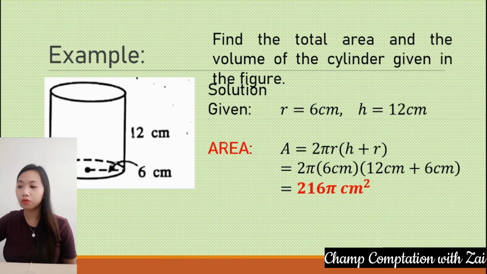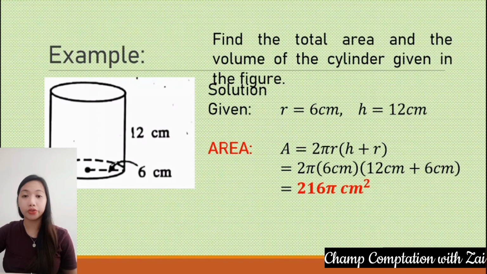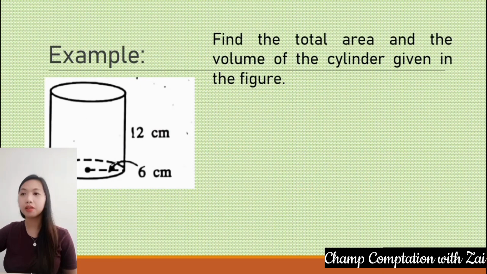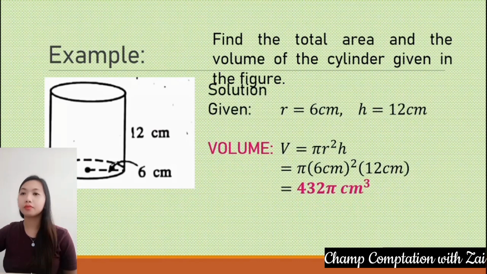Okay, so we keep the value in terms of pi. For the volume, it is pi r square multiplied by height. Again, substituting the values, we have pi multiplied by 6 centimeters squared multiplied by 12 centimeters.